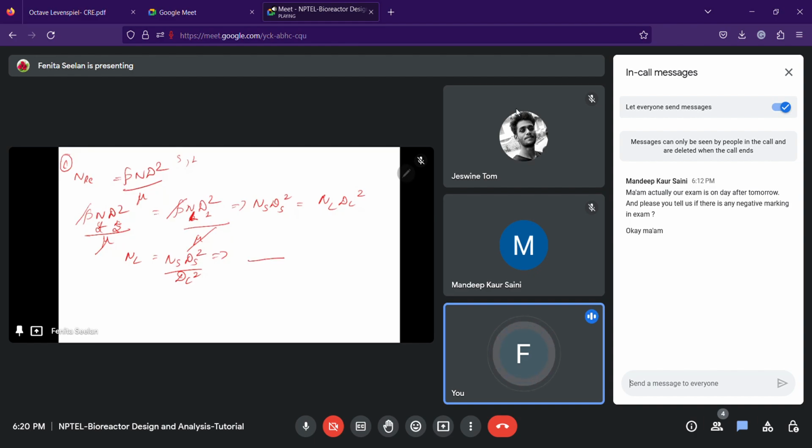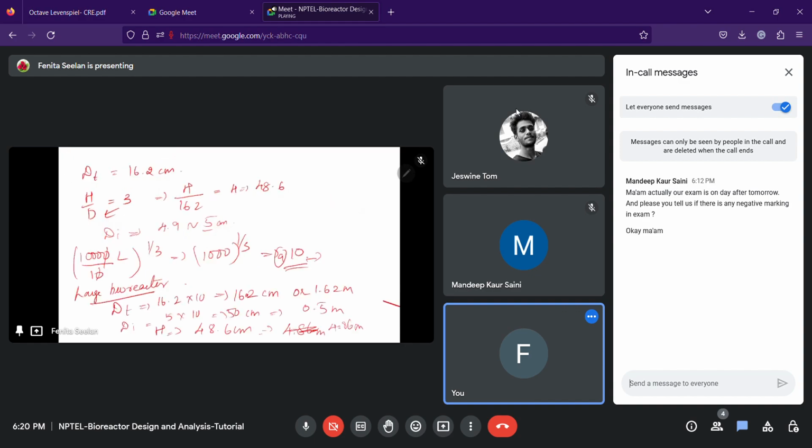So what is the diameter? We will calculate. Please substitute and calculate this. What is your diameter?